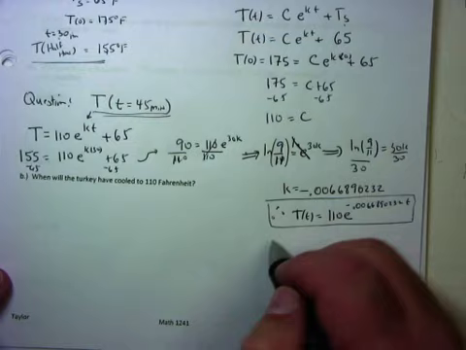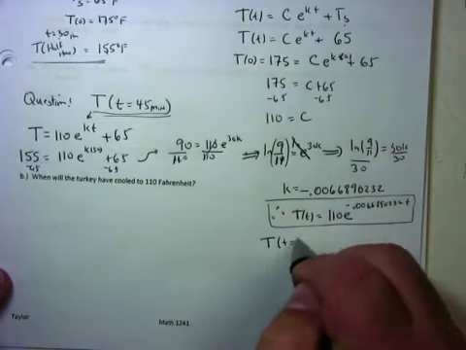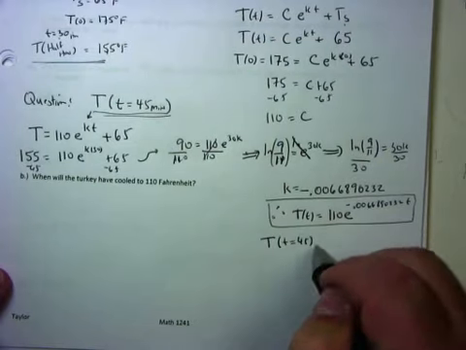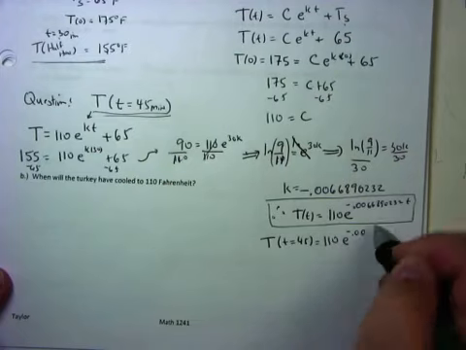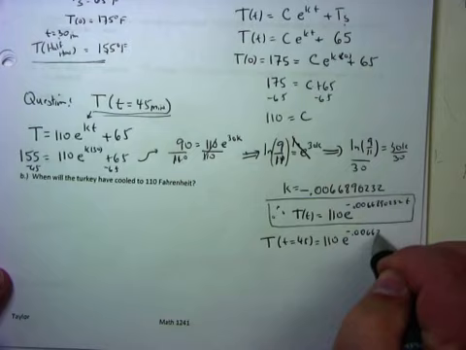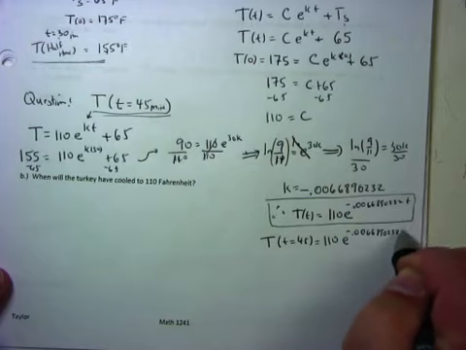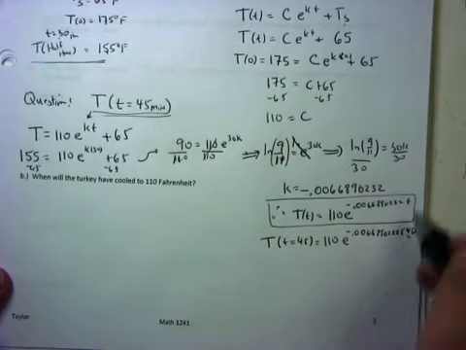But now we want to know the temperature of the bird when time equals 45, right? So this is 110 e to the negative .0066890232 times 45. Just plugging in time is 45.